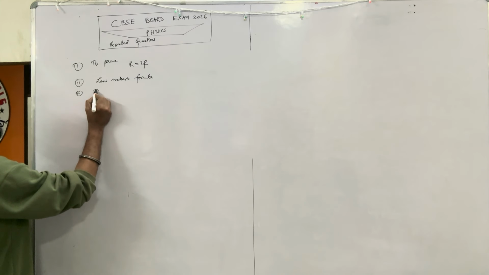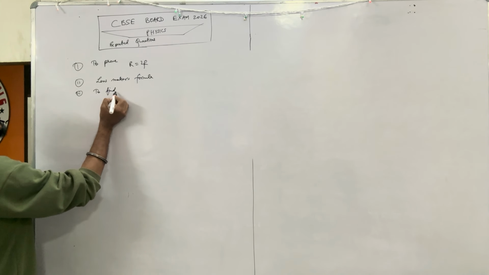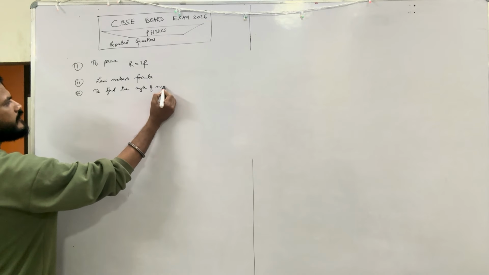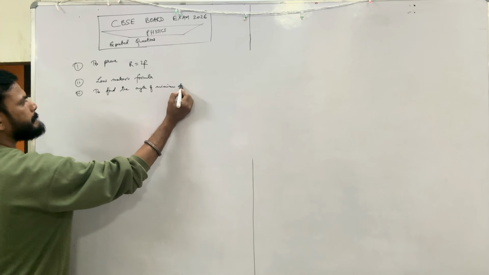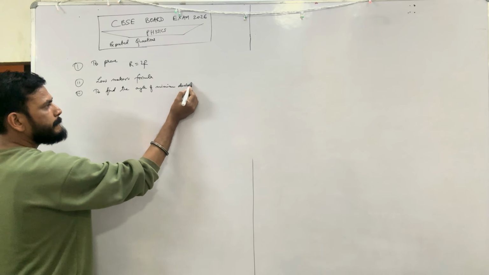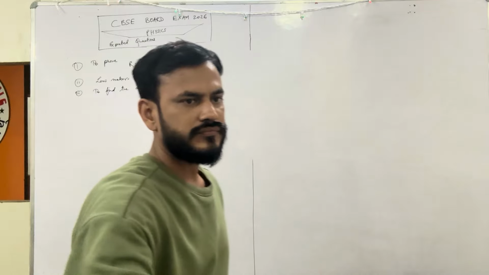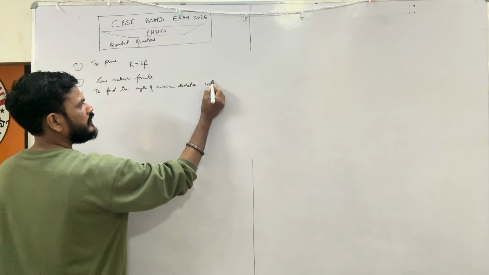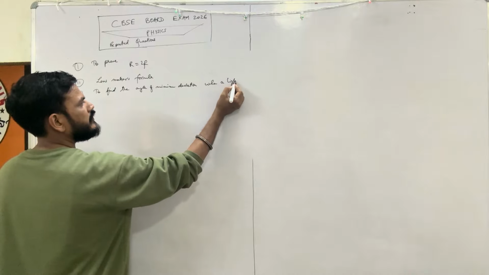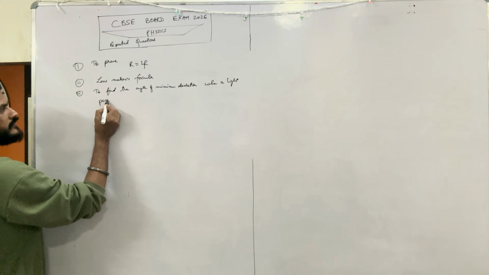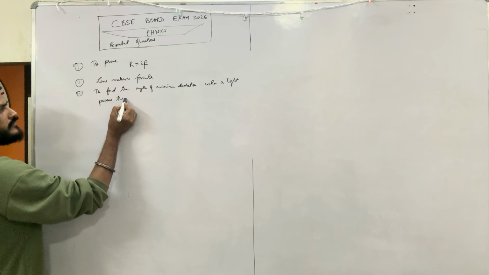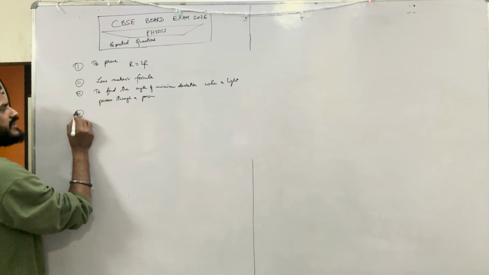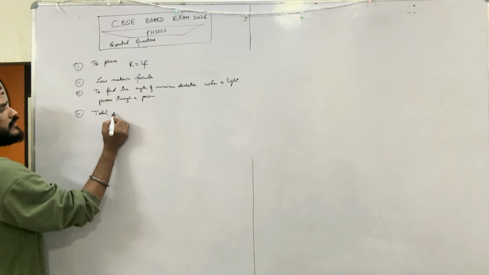Third is to find the angle of minimum deviation when light passes through a prism. And conceptual questions on TIR, total internal reflection.